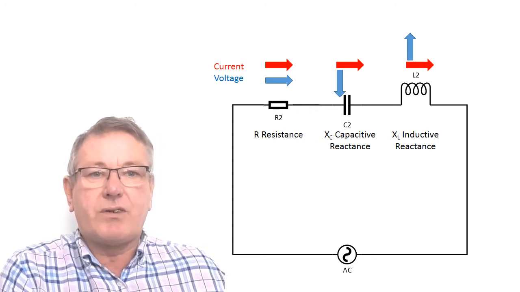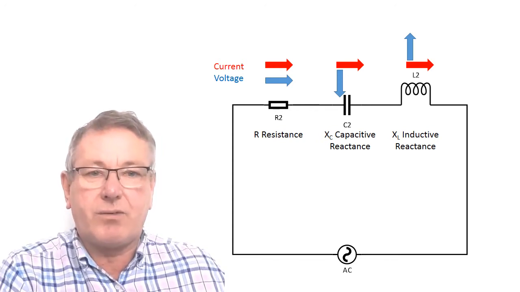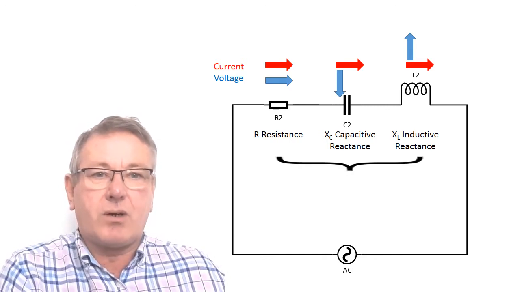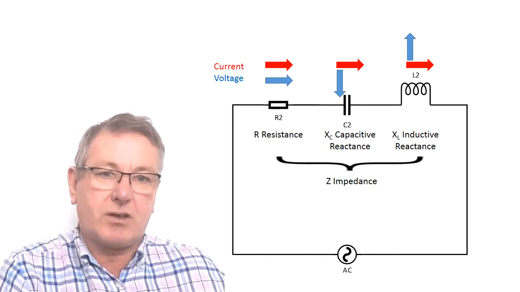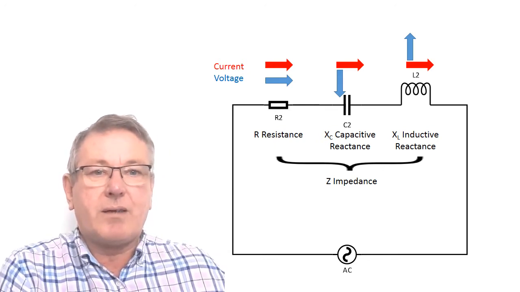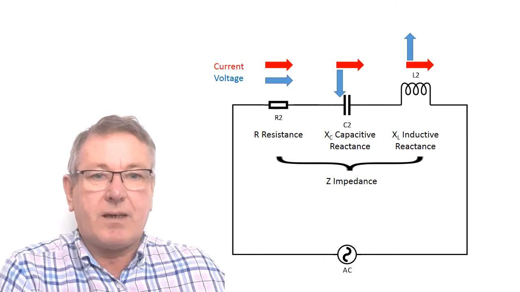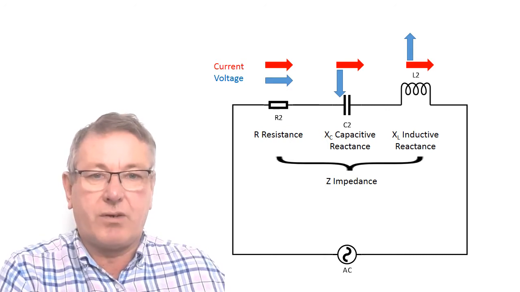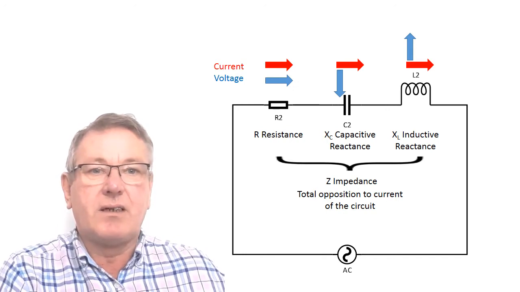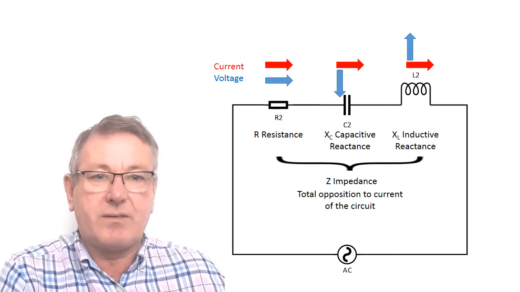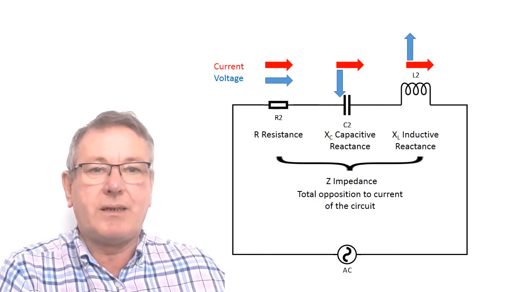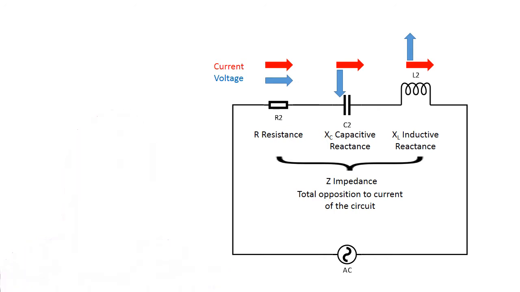We've got resistance, capacitive reactance, and inductive reactance, and the total opposition to the current in this circuit is what we call impedance. Impedance is the total opposition to current of a circuit, and it takes into account the resistance and the reactance, both capacitive and inductive. So we're going to look at ways that we can work the impedance out of a circuit.